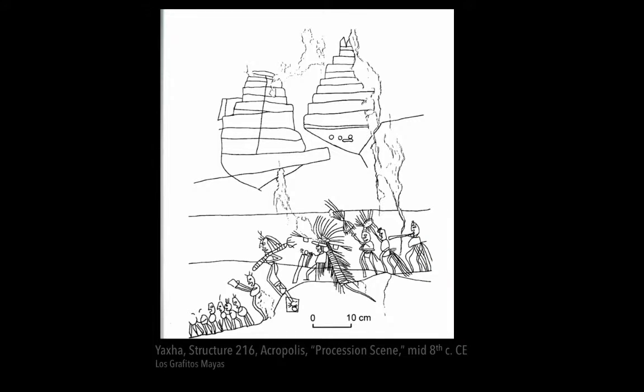Another example of the dailiness of graffiti, but depicting a very extensive ceremony, comes from the site of Yaxha, where we are seeing a large kind of landscape image that has several different players within this landscape. At the very top, you see representations of probably buildings, elite buildings that are probably ceremonial temple structures.